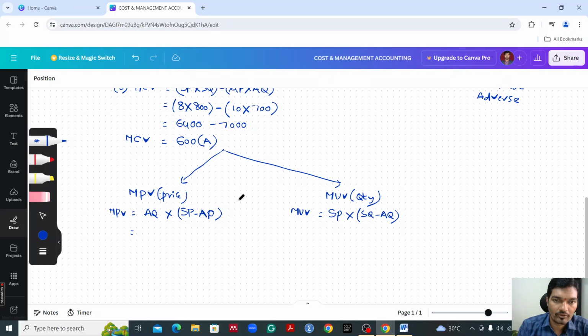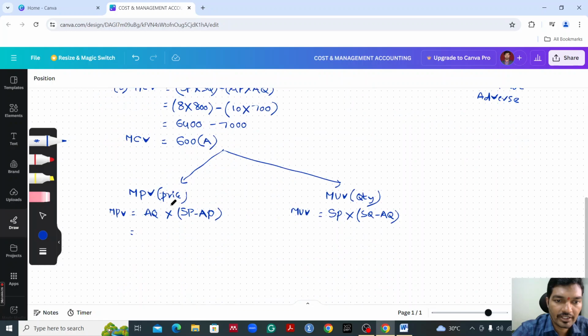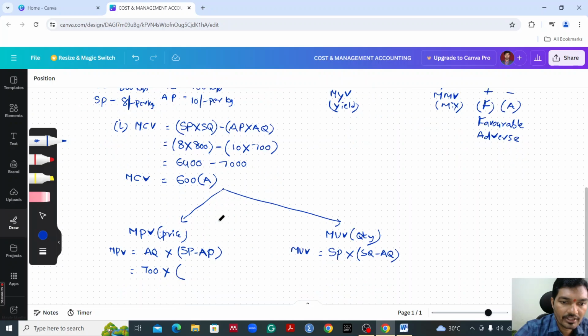So what is the actual quantity according to the sum? 700. According to the sum, the actual quantity is 700 kgs, multiplied with the standard price 8 rupees minus the actual price 10 rupees.